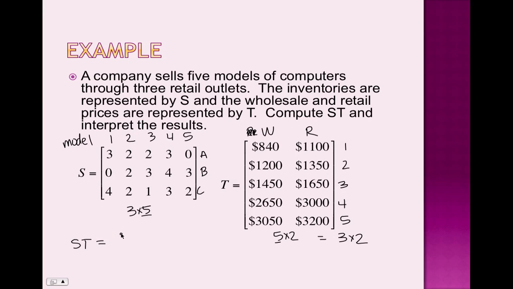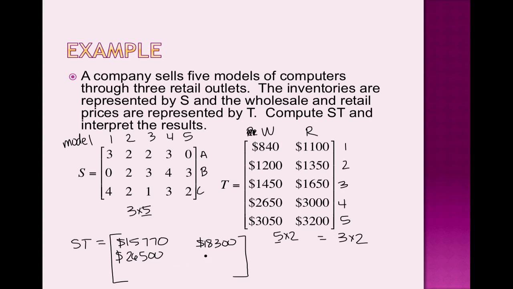ST equals 15,770 for your first entry. And I want you guys to practice this on your own. Make sure that you're getting these answers. And then we have 18,300. Our next entry is going to be 26,500.